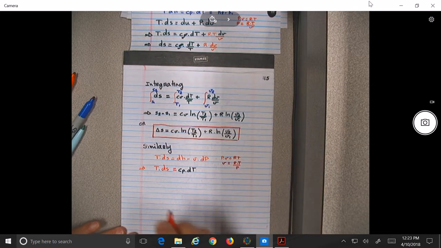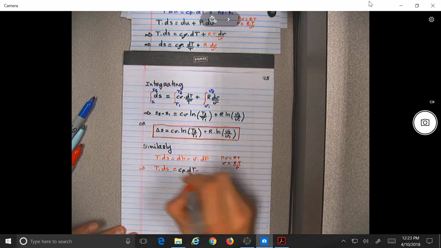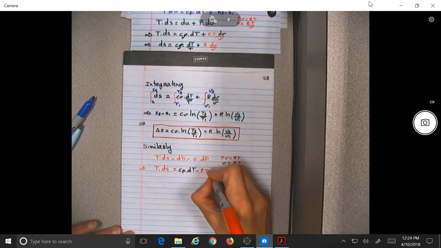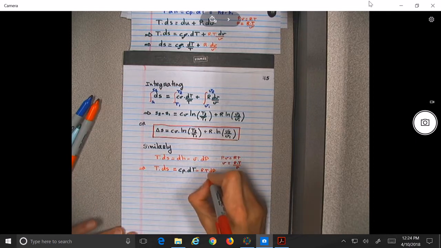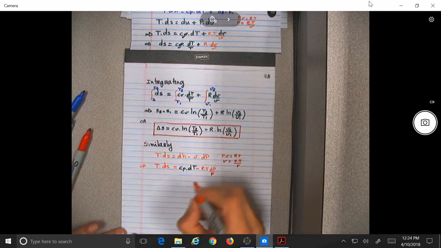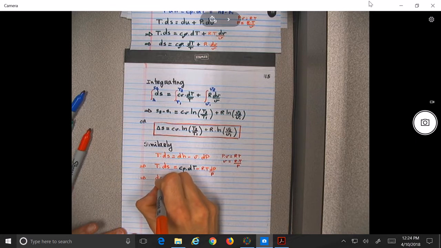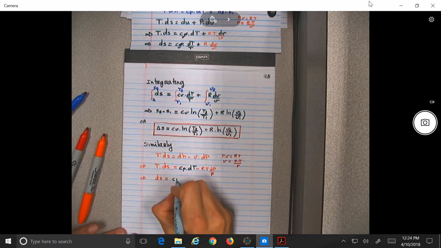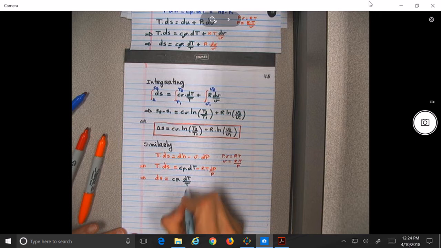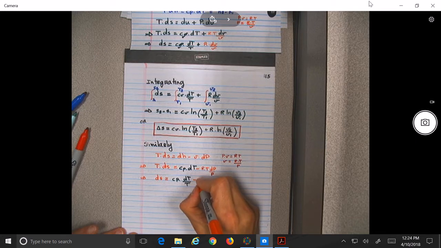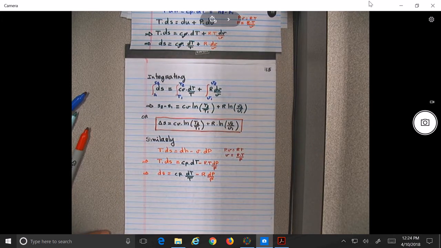RT over P. So it will give you minus RT dP over P. If we divide both sides by T, what do you get? ds equal to Cp dT over T minus R dP over P.